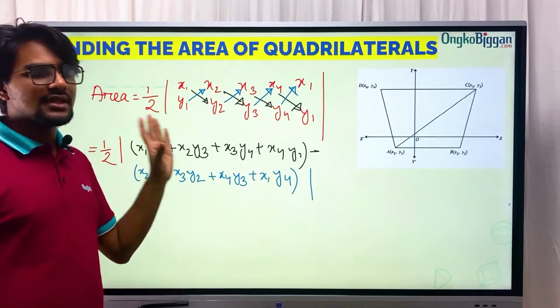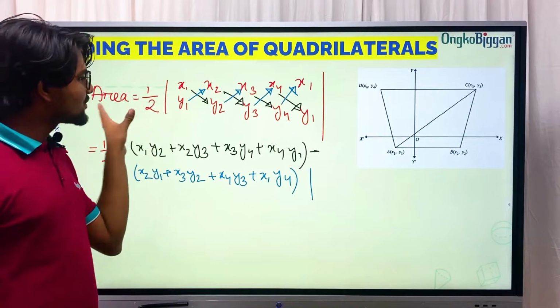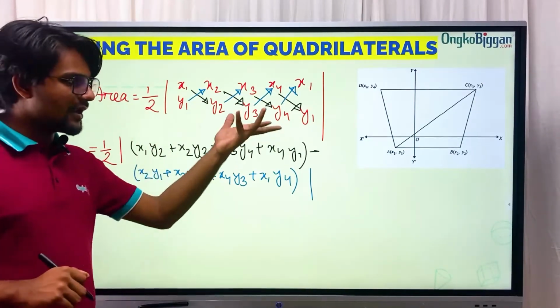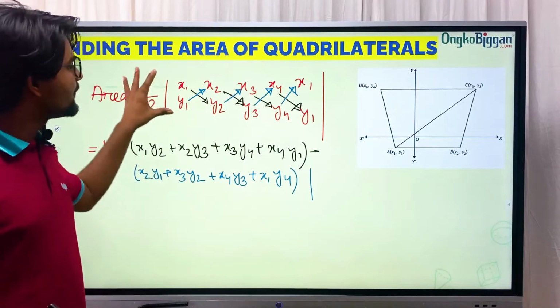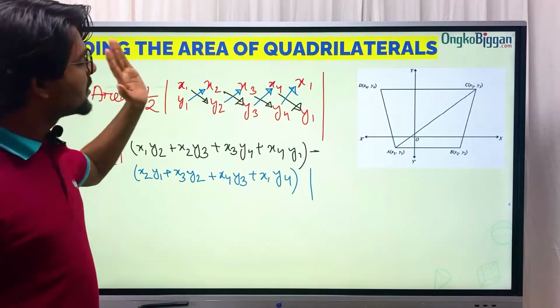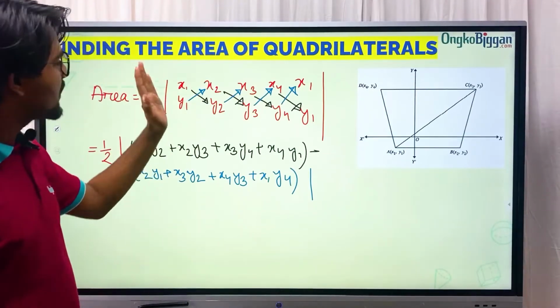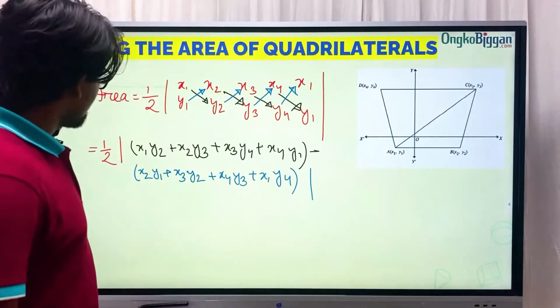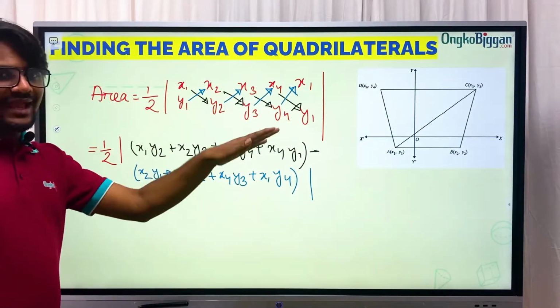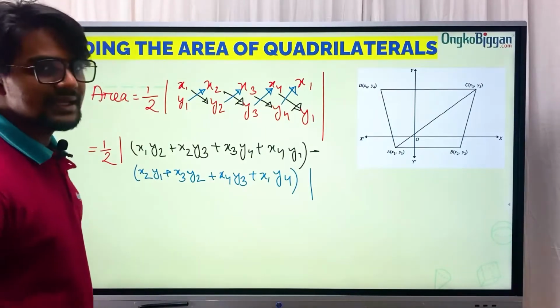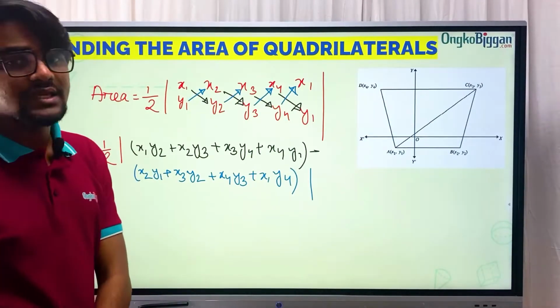So I'm going to keep it in this way. So we are going to first write it in this way. The number of columns will be n plus 1, where n is the number of sides. In a quadrilateral we have 4 sides, so there are 5 such columns: x1 y1, x2 y2, x3 y3, x4 y4, x1 y1, and then we are going to multiply them diagonally first in this diagonal, that is x1 and y2.